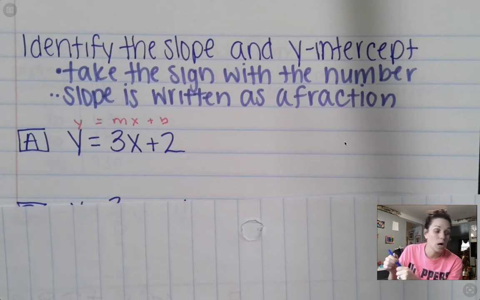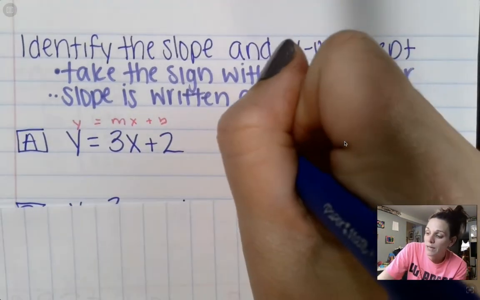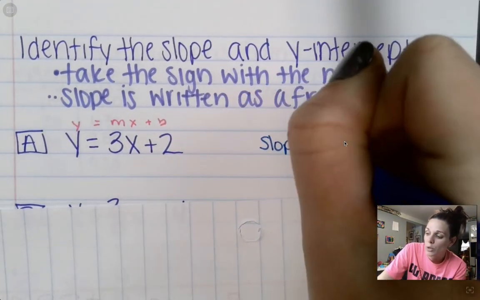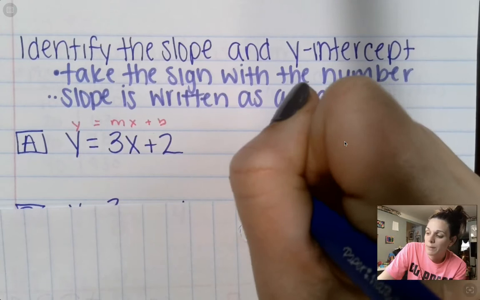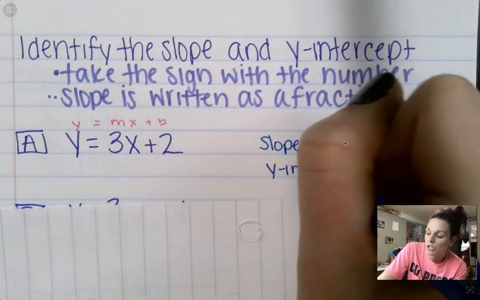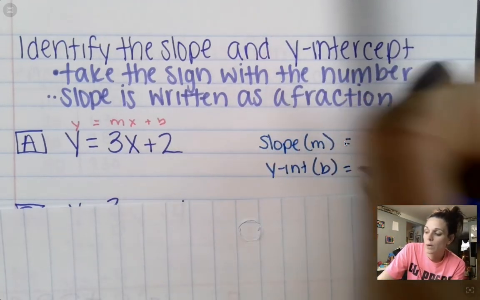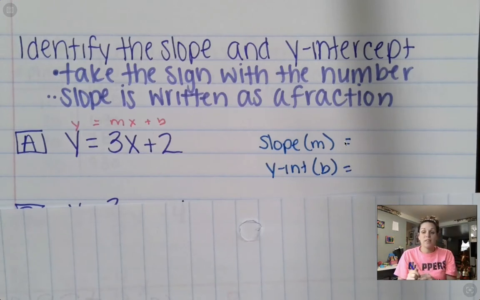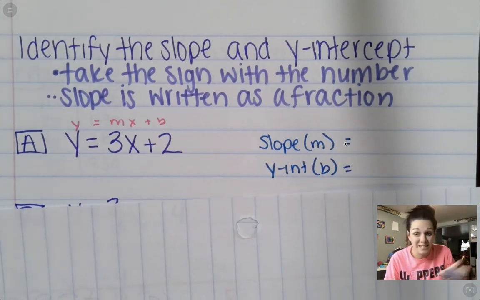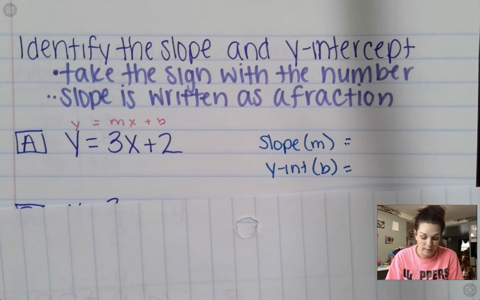I want to know what would be the slope, which is m, and what would be the y-intercept, which is b. What are these numbers that are getting pulled from these equations?